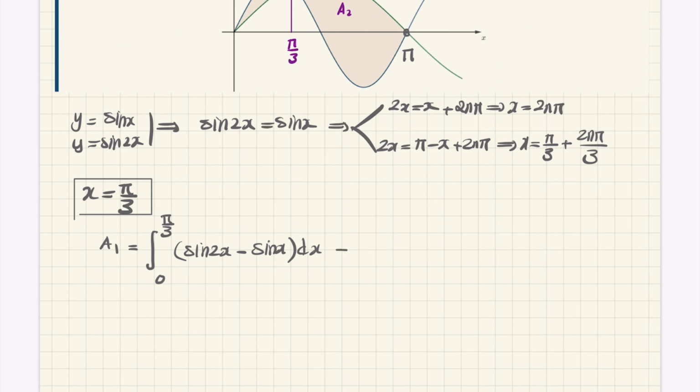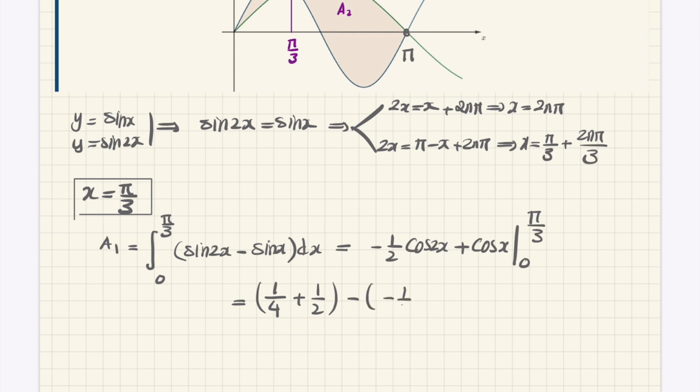Let me just do it quickly because they are simple. A primitive function for this is negative 1/2 cosine 2x. A primitive for sine is minus cosine, so it becomes positive cosine. I don't want to spend so much time on it because I think it is easy. If you put pi over 3, cosine of 2 pi over 3, I have it in my memory, it's minus 1 over 2, so it becomes 1 over 4, and then you have plus 1 over 2, and then if I put 0, it becomes minus 1/2 plus 1.